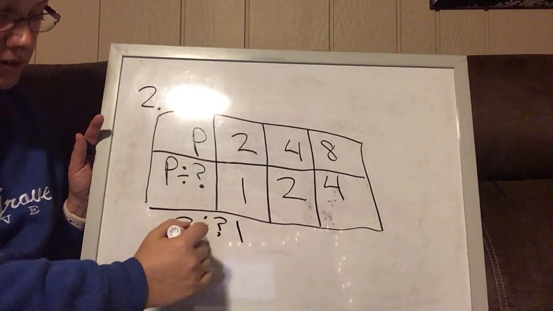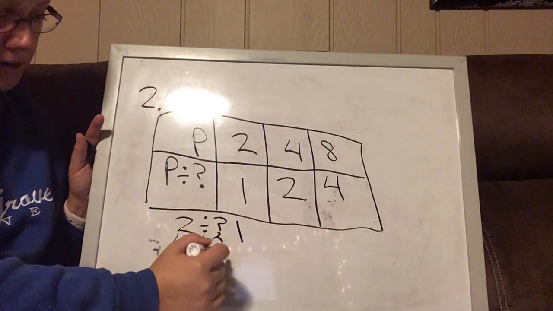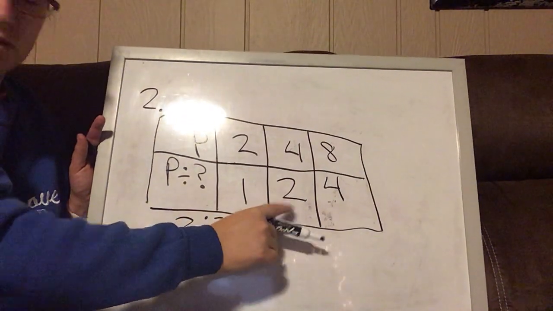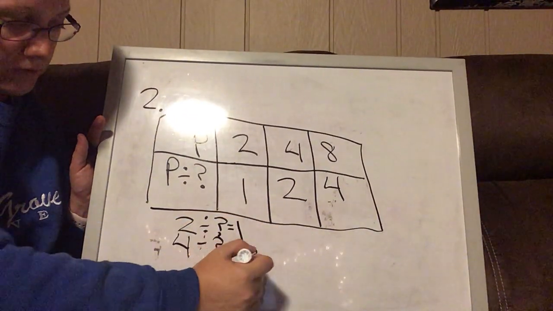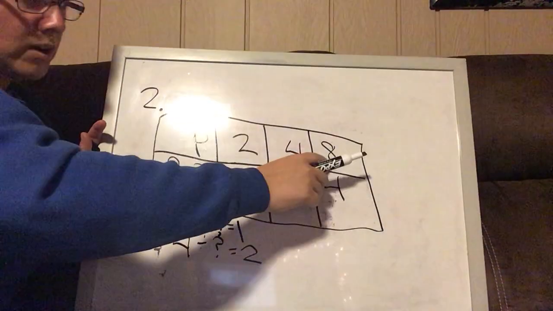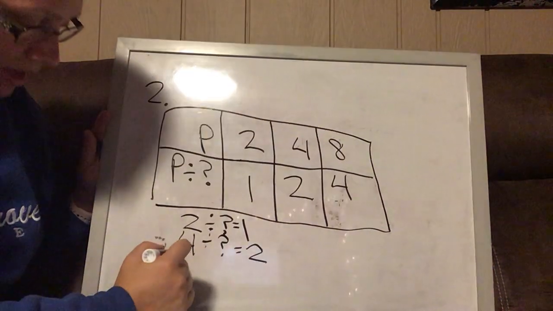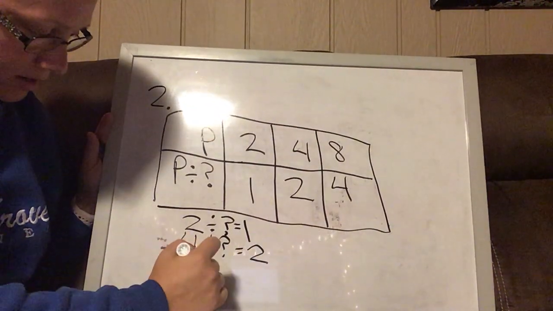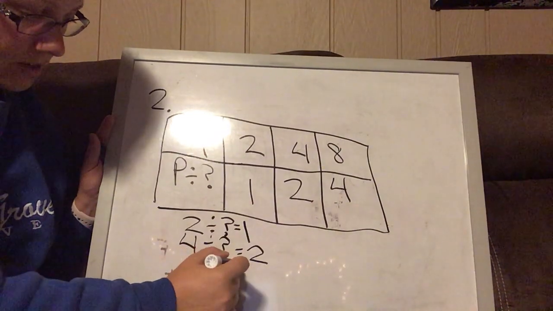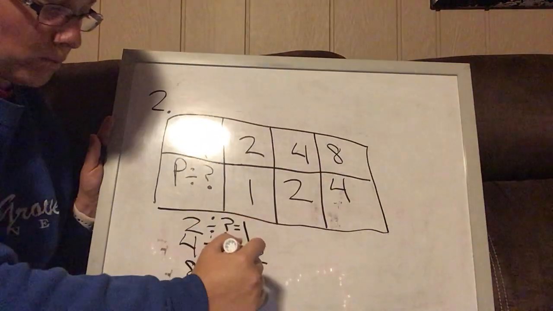So 4 divided by what number is going to give me 2? And the last one, P is 8. 8 divided by what number is going to give me 4?